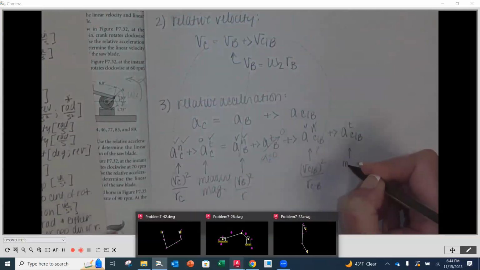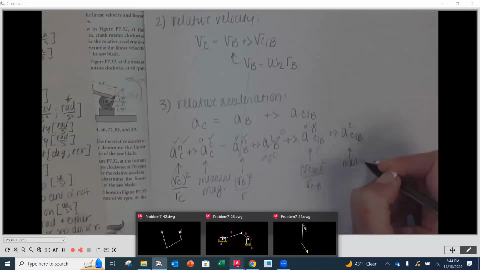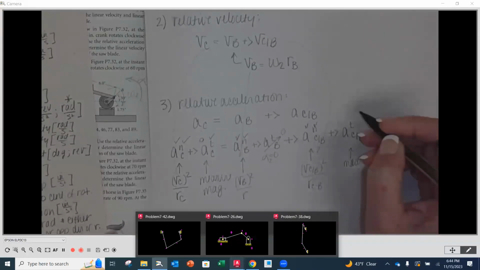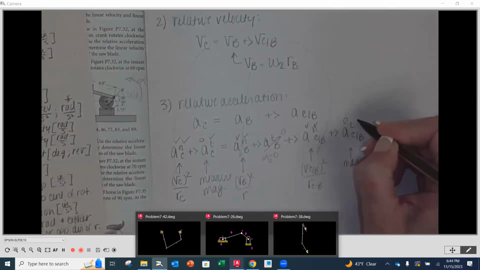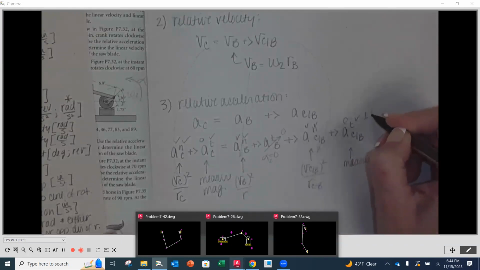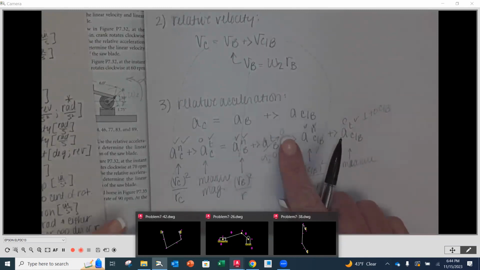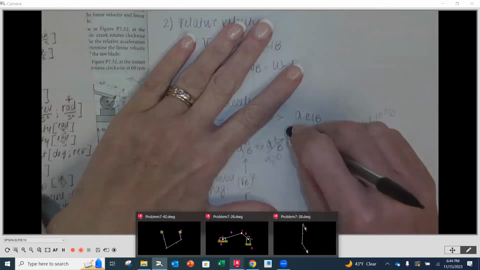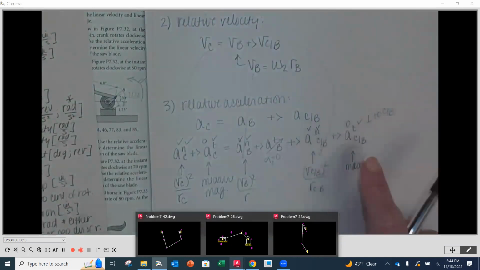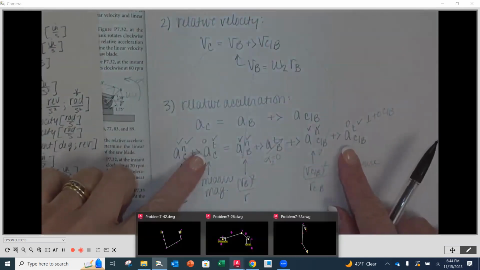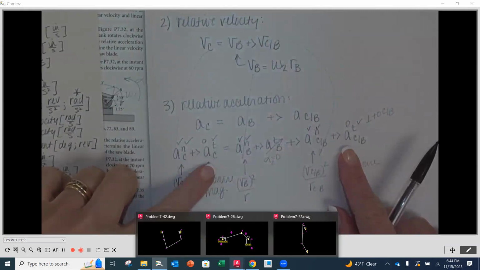We could measure it, but I don't think we end up needing to. Its direction we do know to be perpendicular to C relative to B. So this is not an unknown, this goes to 0, and we end up having 2 unknowns separated by the equal sign. So we're in good shape.